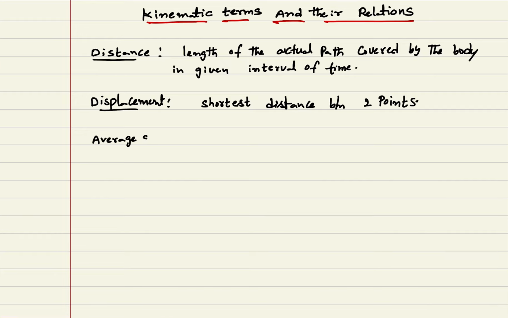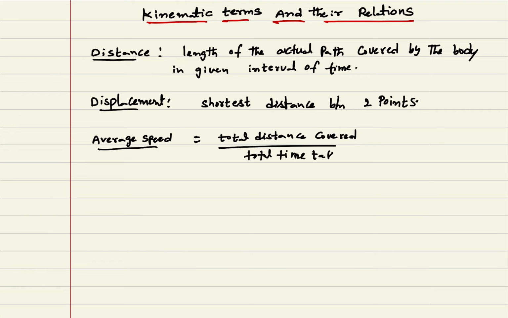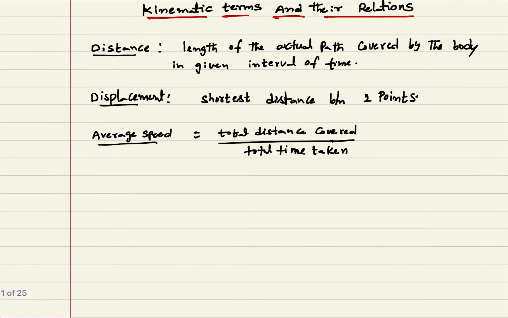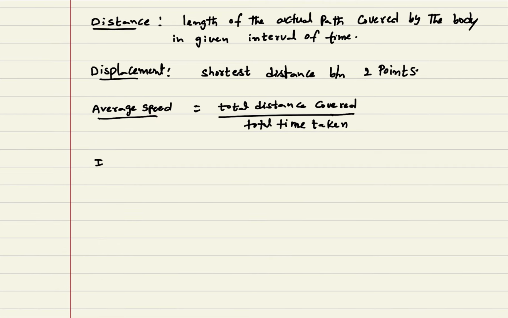Next, what is average speed? Average speed is nothing but total distance covered divided by total time taken.